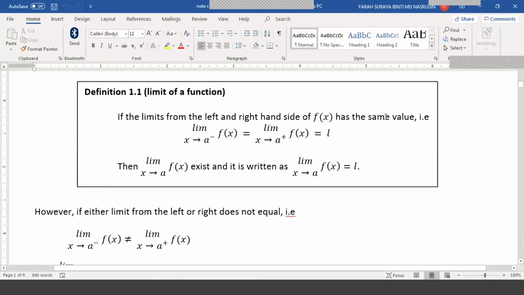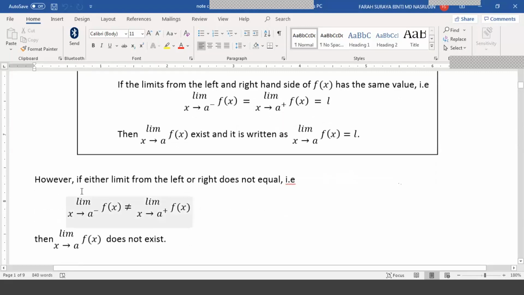Sebelah kanan jawapan dia 9, sebelah kiri pun jawapan dia 9. Okay, macam ni limit sebelah kiri jawapan dia L, sebelah kanan pun jawapan dia L. Then we can say that the limit exists. Okay, and it is written as limit x approach any number A. Kat sini dah tak ada positif negatif lagi dah. Okay, equals to L.